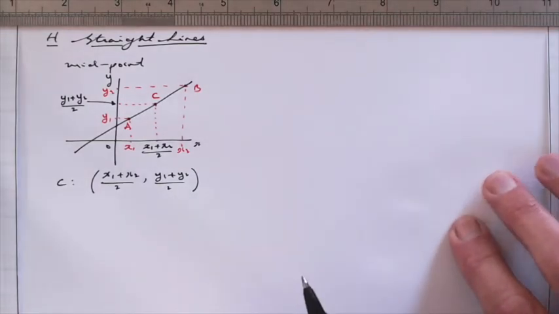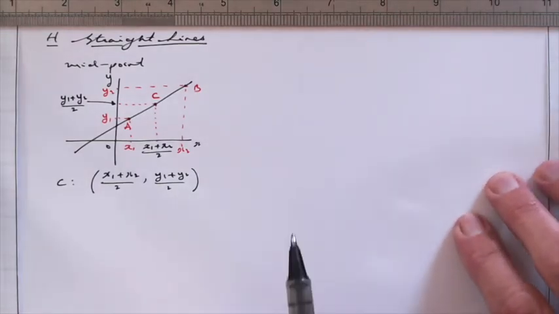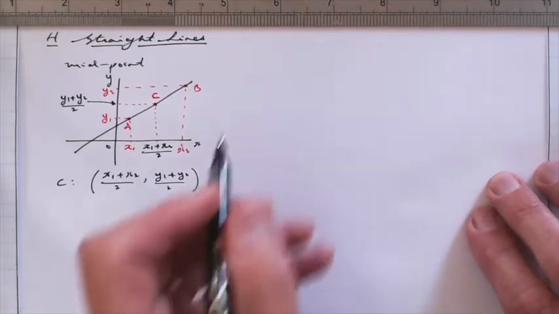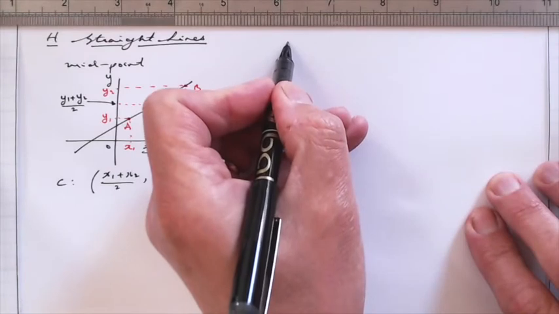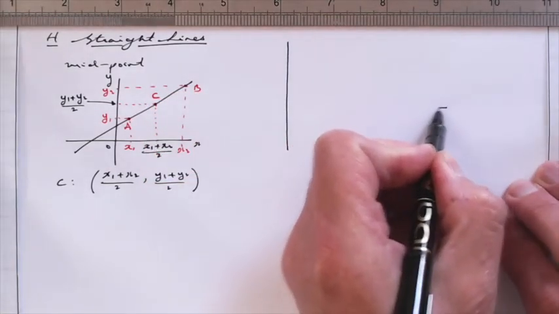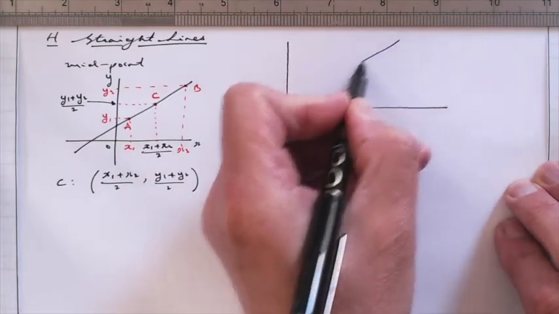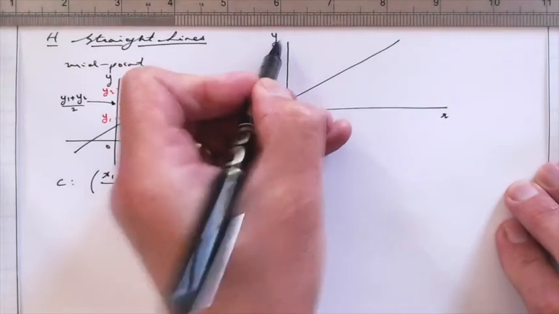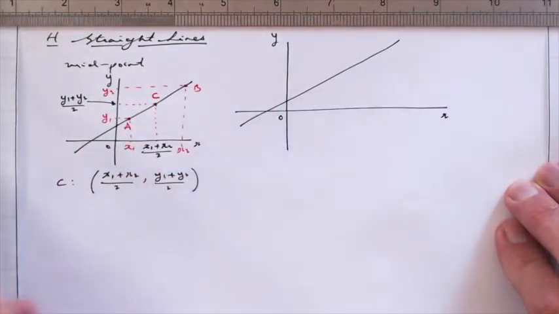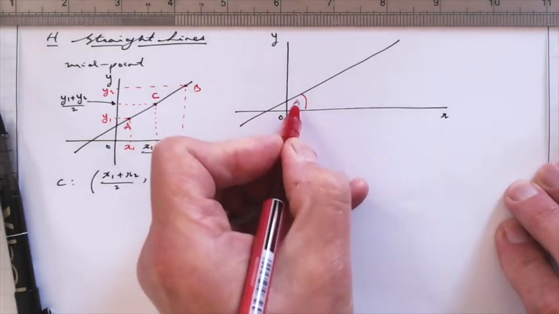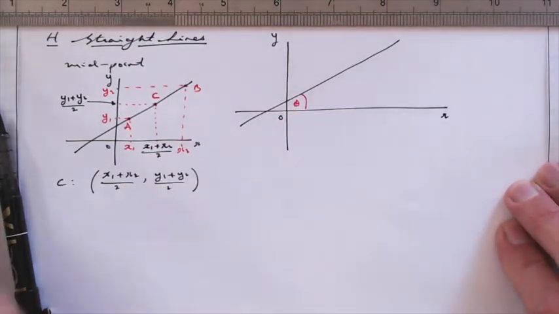The next topic is to relate the angle that a straight line makes with the x-axis to the slope of that line. So let me just draw another straight line here. There it is. X and y, here's the origin, and let me say that this straight line makes an angle theta with the x-axis.